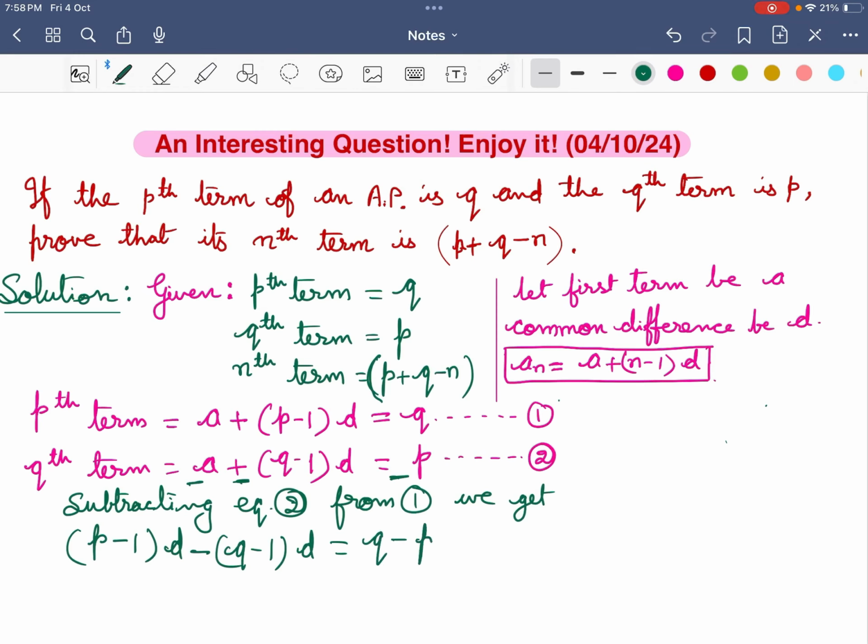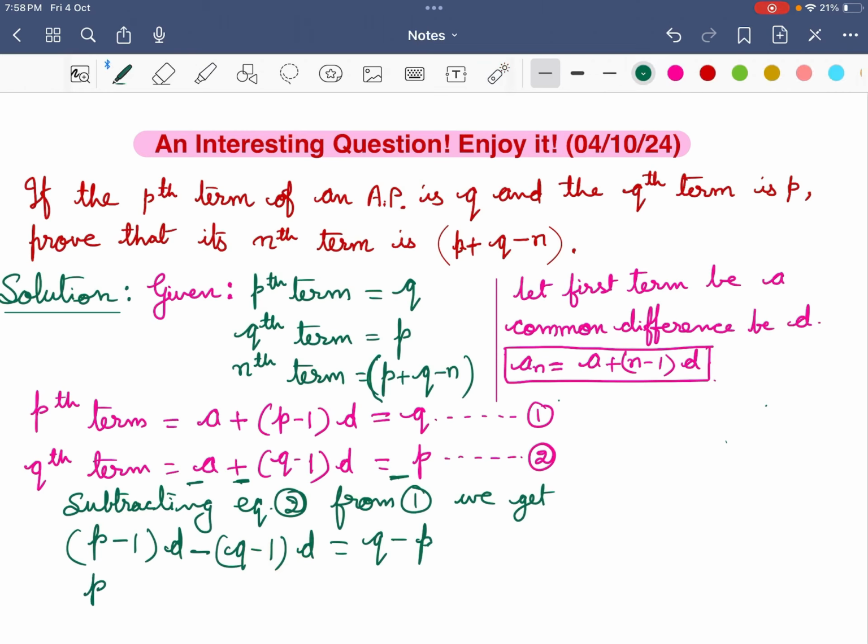If we open this by multiplying, d will be multiplied with p, so pd minus d, and minus this will be qd, minus into minus, so it will be plus d, right?